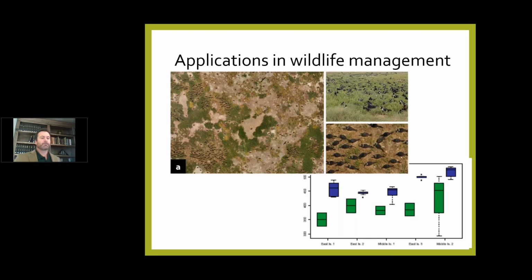So you can see all those frigate birds nesting in clumps of colonies in picture A, and then they asked people to count them from the ground, and then they used a drone to actually assess how many there really were there. And the green is what people on the ground did. The blue is actually the real drone counts.